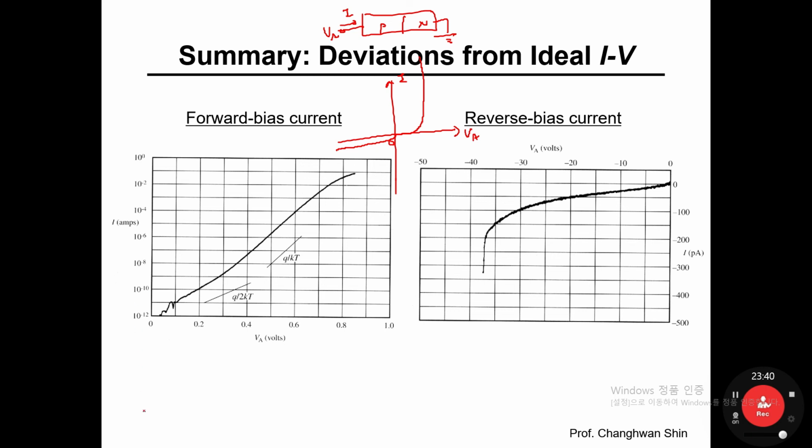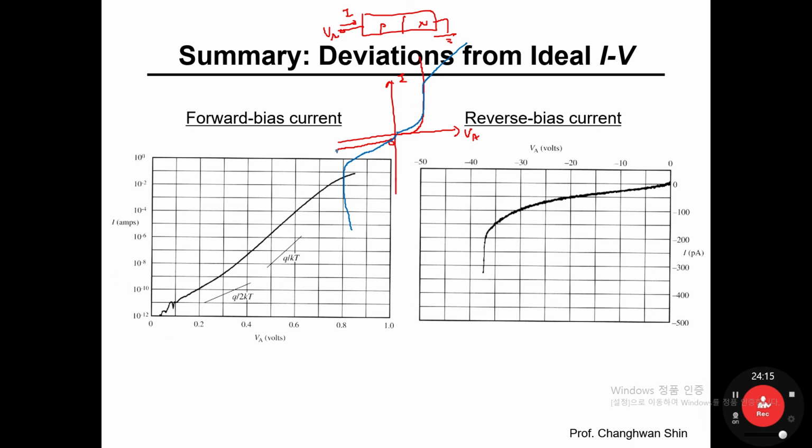But in a practical PN junction diode, if you have any chance to measure the real IV characteristic, then you're going to see this. Okay, so the blue colored one indicates the IV characteristic of the real PN junction diode, and the red colored IV characteristic indicates the ideal diode.